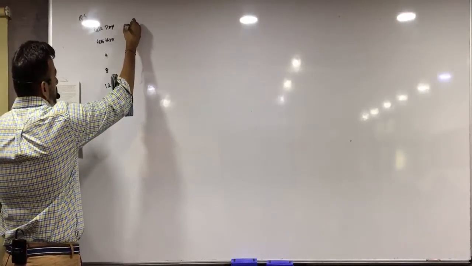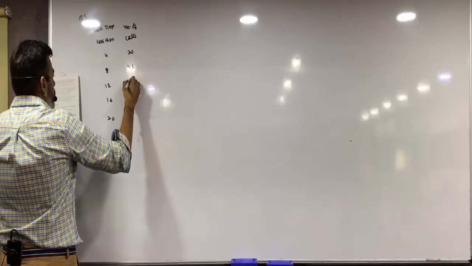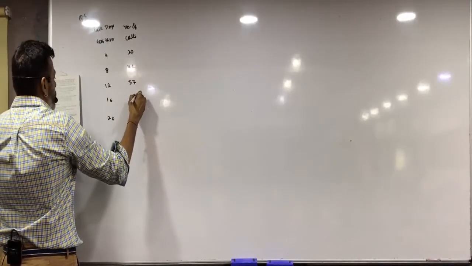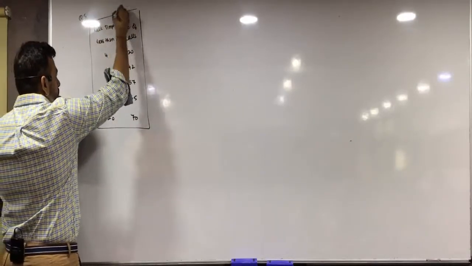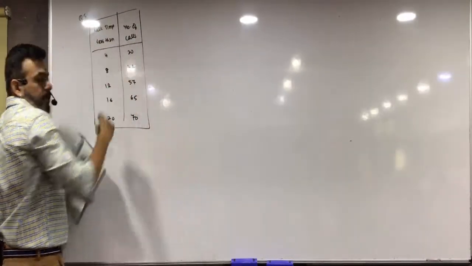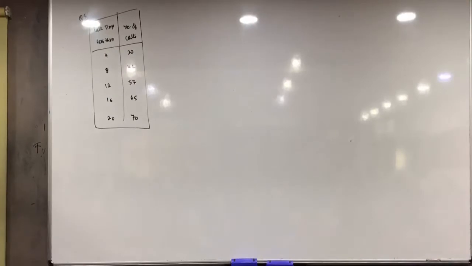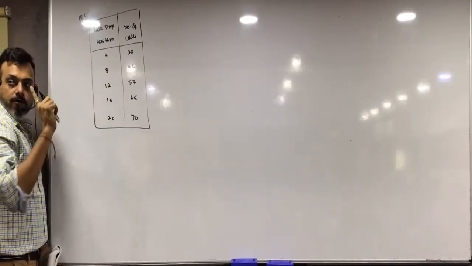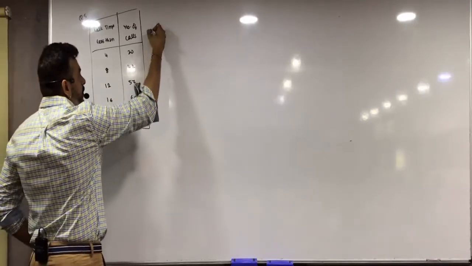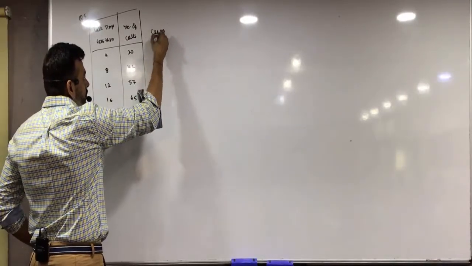Number of calls 20, 42, 57, 65 and 70. Now, this data is given to us. It is less than type cumulative frequency data. In order to find the mean, first we convert this less than into normal frequency distribution.